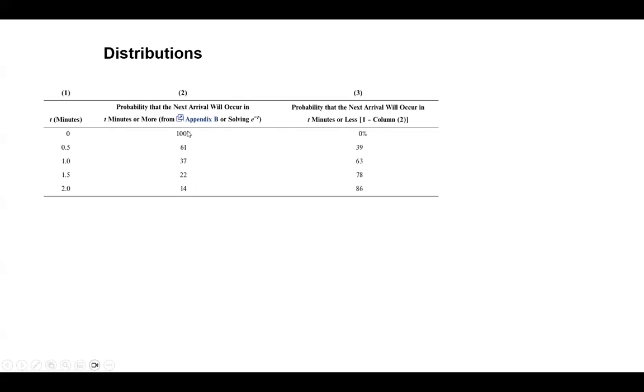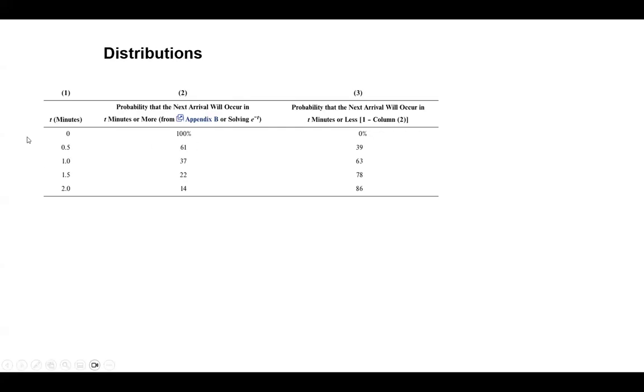So if you need to wait more than 0 minutes for the next arrival, the probability is 100%, because right now the next customer hasn't arrived. The third column means the next arrival will occur in less than or equal to 0 minutes, so it's 0%.